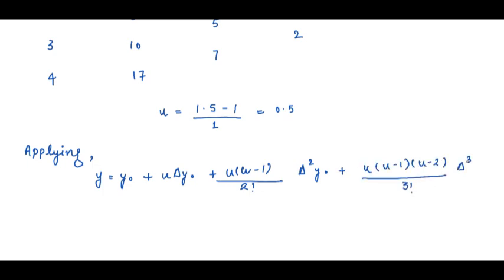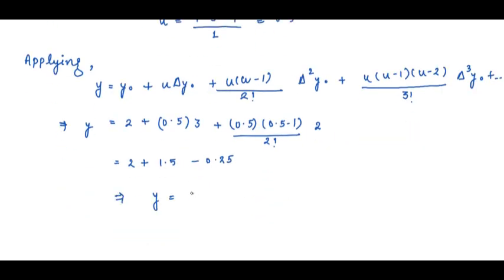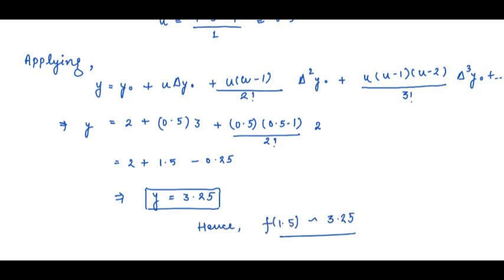Hence this is 2 plus 0.5 times 3 plus 0.5 into minus 0.5 divided by 2 into 2, and hence this becomes 2 plus 1.5 minus 0.25, and so f at 1.5 becomes 3.25. Now notice that this agrees with the Lagrange interpolation result for the corresponding quadratic data.